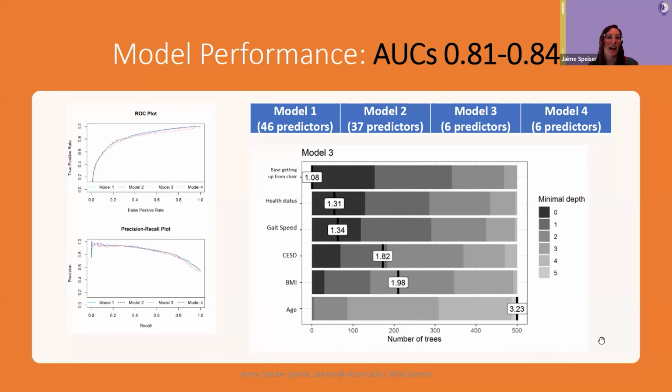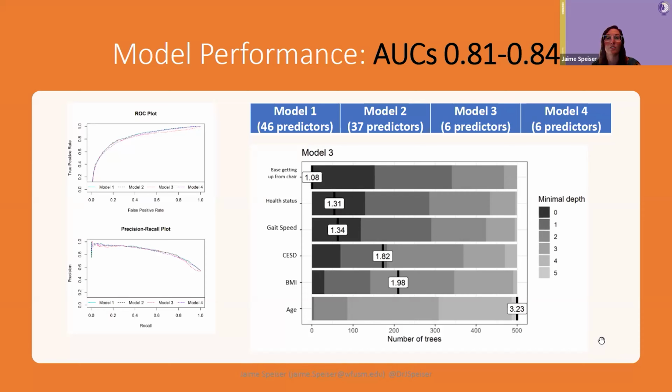As it turned out, all of our models performed remarkably similarly. The main difference was the number of predictors included in each model, which was specified based on how we did the variable selection. But overall, the performance was extremely good.